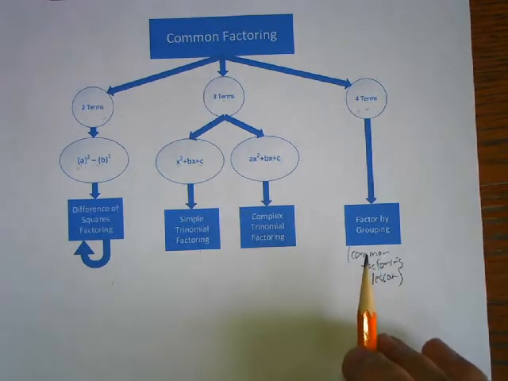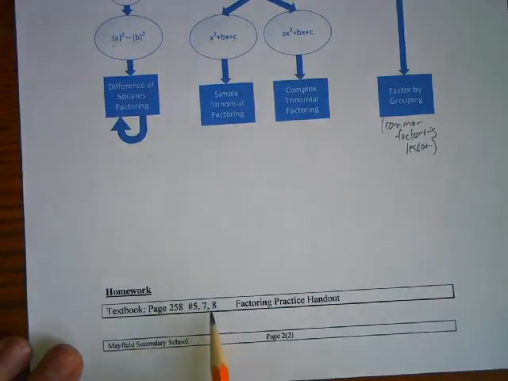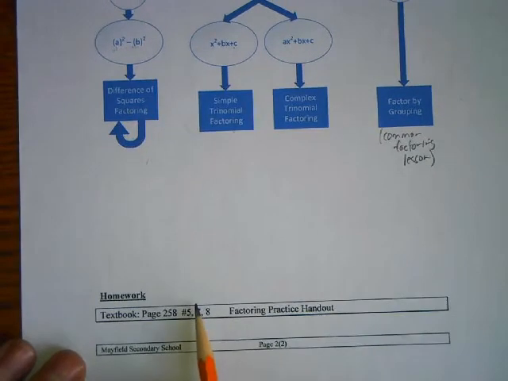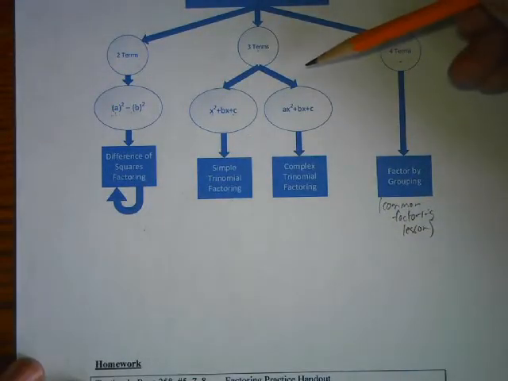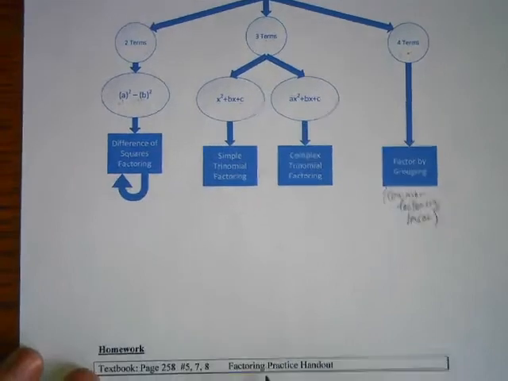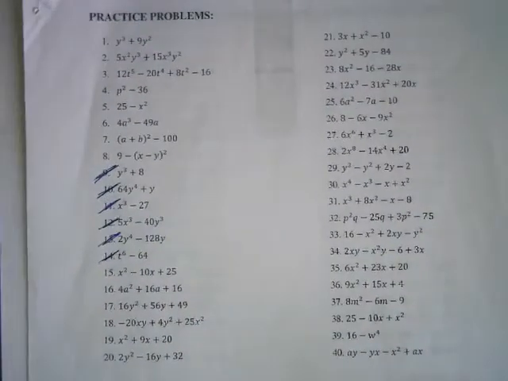So I've got a couple of things for homework, a few questions from the textbook, and these are just kind of random factor-these-expressions questions to test your ability to use the flowchart and choose the right techniques. And then also I've got this handout. It looks a little bit like this.